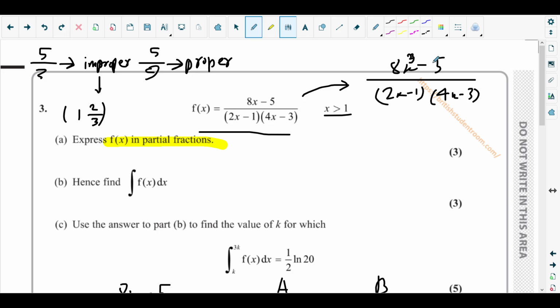Similarly, improper algebraic fractions can also be represented as a mixed type: you will get ax plus b plus c over (2x minus 1) plus d over (4x minus 3). It might not be exactly correct, but I'm giving it as an example to let you understand how it works.